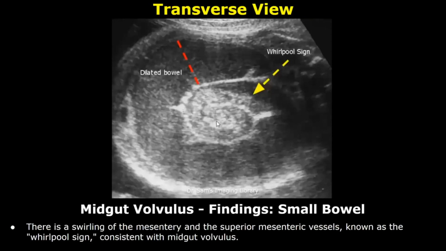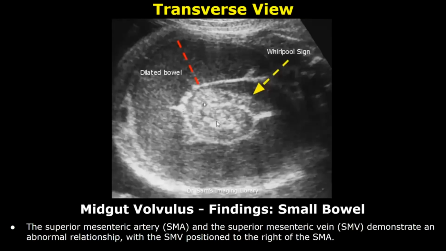There is a swirling of the mesentery and the superior mesenteric vessels, known as the whirlpool sign, consistent with midgut volvulus. The superior mesenteric artery and the superior mesenteric vein demonstrate an abnormal relationship, with the superior mesenteric vein positioned to the right of the SMA.